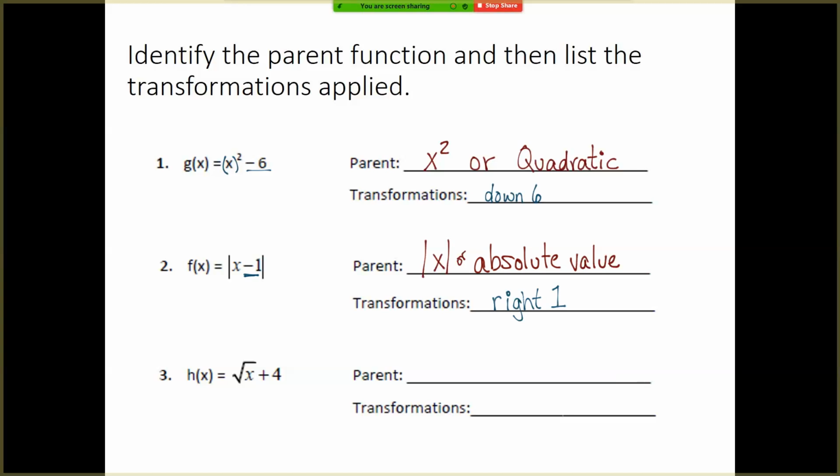Take a second and see if you can do question number 3. So identify the parent function, and then tell me the transformation that that plus 4 does to your parent function.